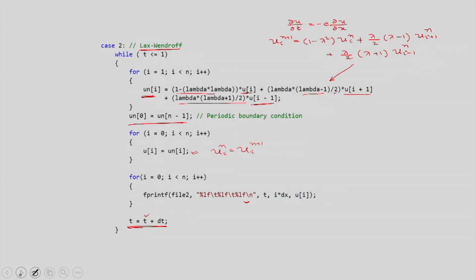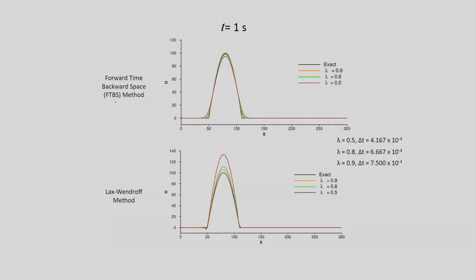You can see that these two methods are explicit, and we have solved this equation with the given initial condition. If you see the results, this is the forward time backward space (FTBS) method we have used. We have plotted u at time t equal to 1 second.